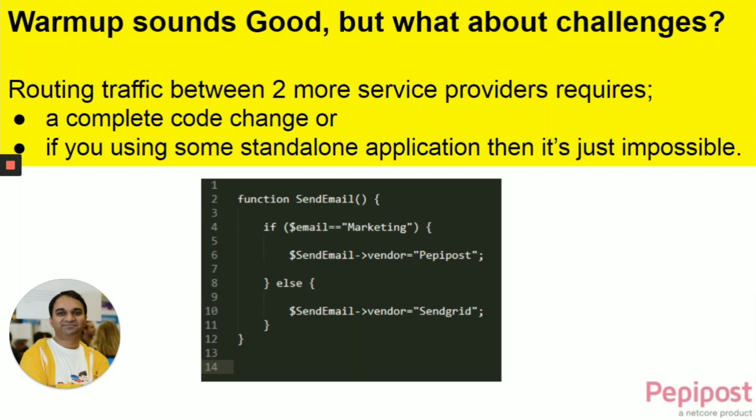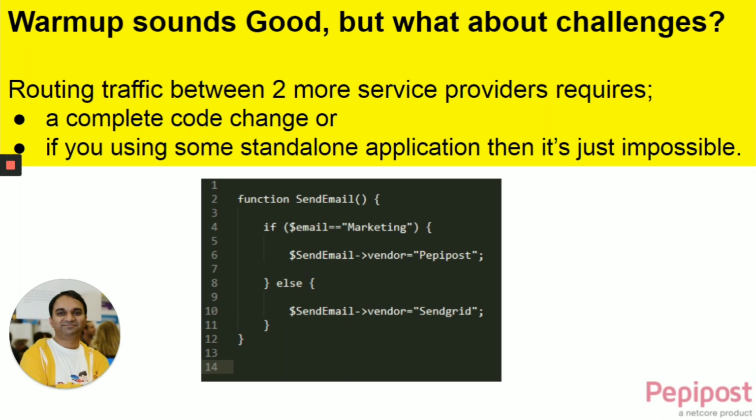That's a bit of code change which will be very difficult at your end. And if you are using a standalone application, a CRM software or a marketing automation software, and inside that you are doing SMTP relay, then it might be just impossible to add an exception for different vendors inside that software.